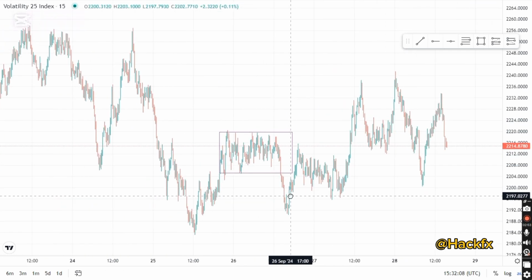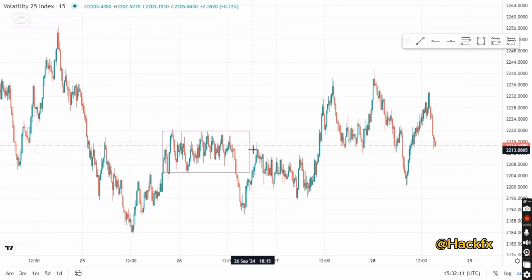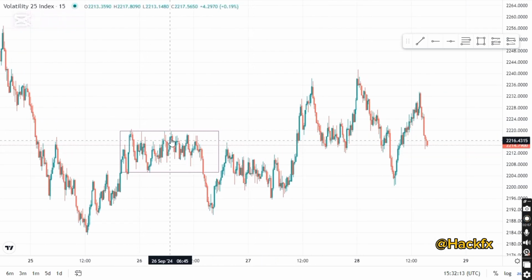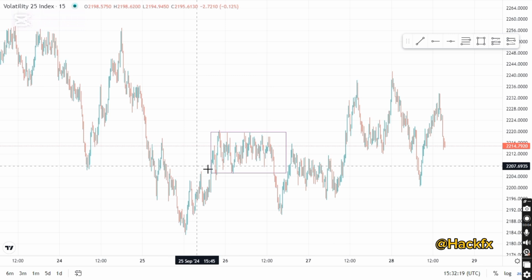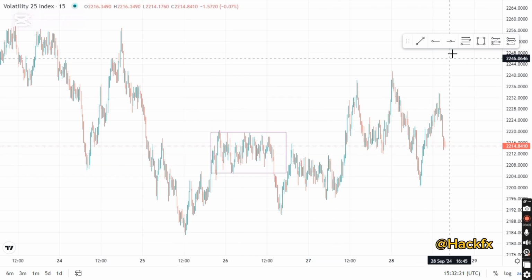You can see price consolidated here. Price was ranging. Yes, this is very important for you to note. After this ranging, what did you notice?